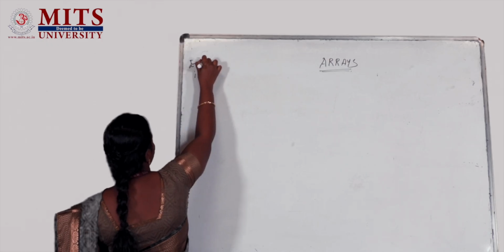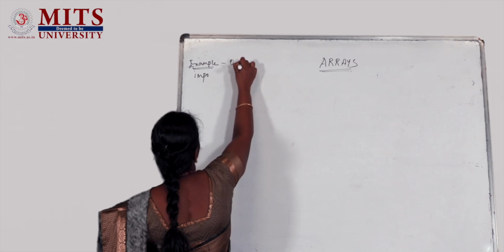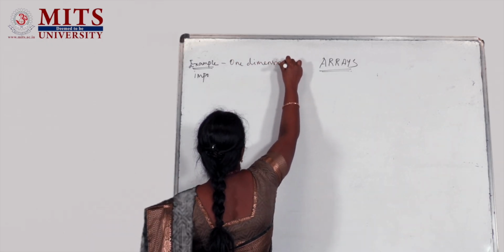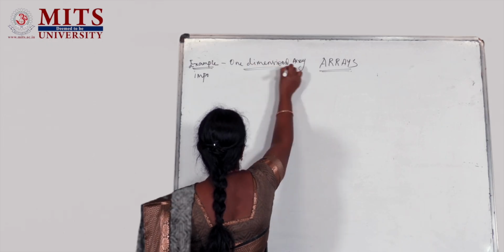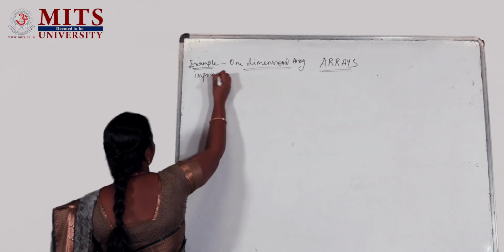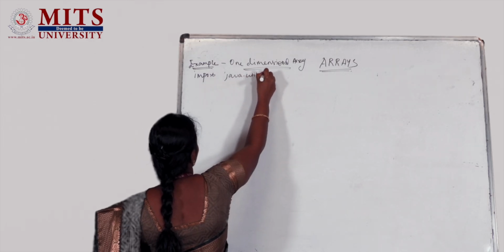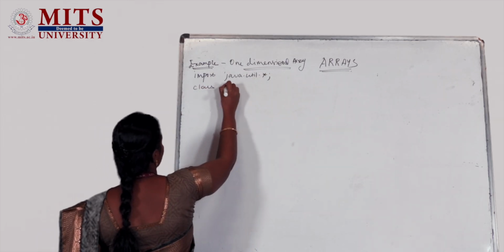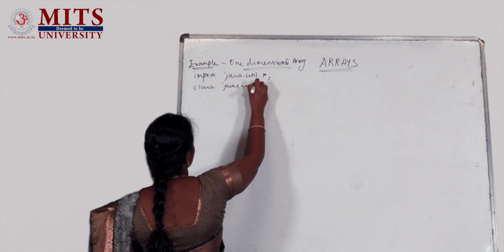This is an example for one-dimensional array. So we are going to import the header file, import java.util.asterisk. Then we are going to create a class Java example.